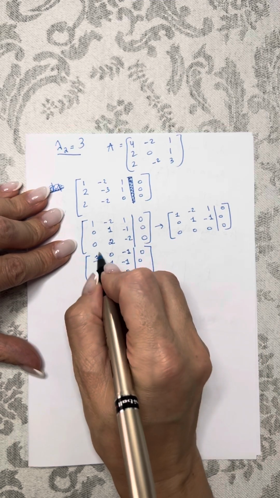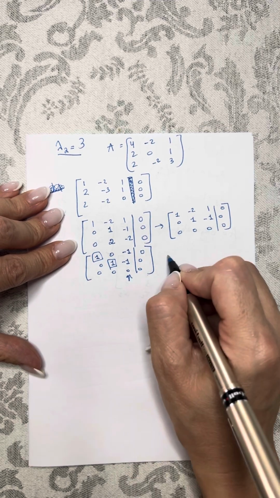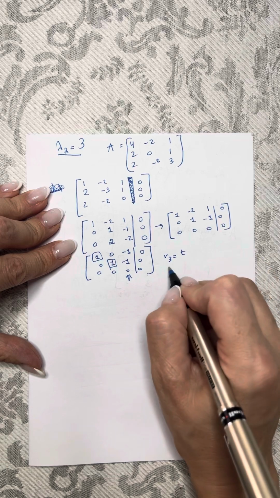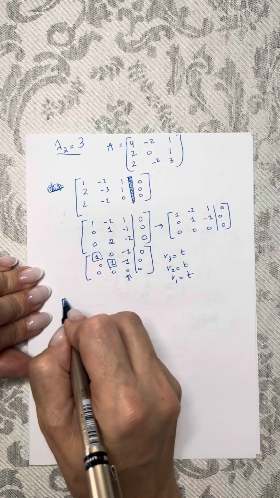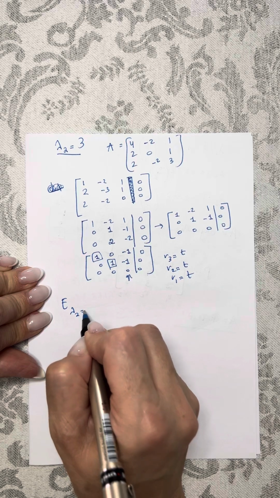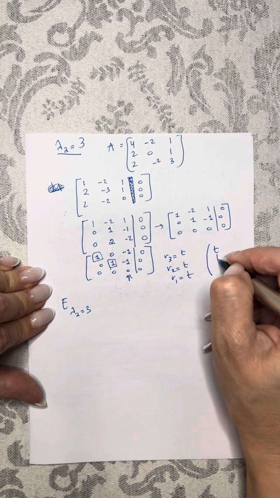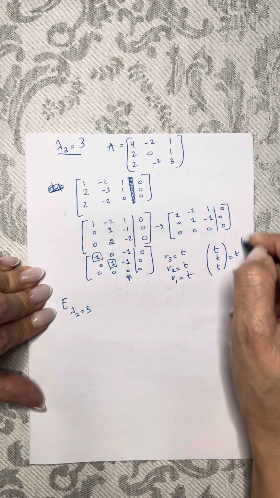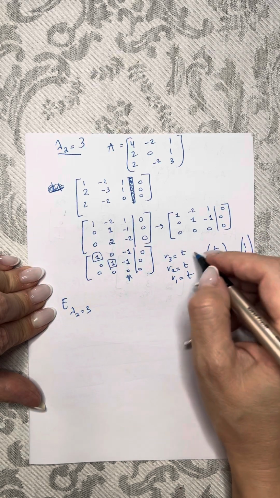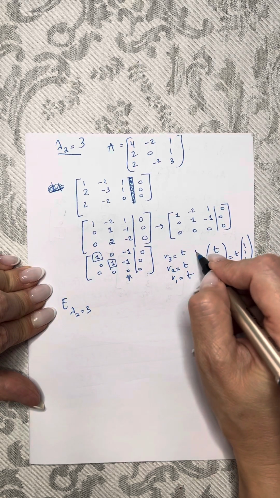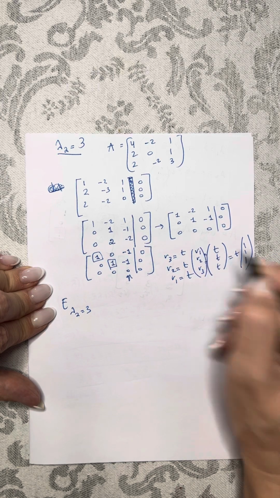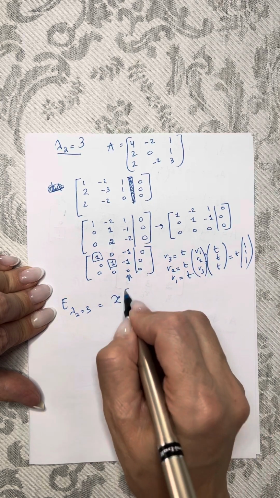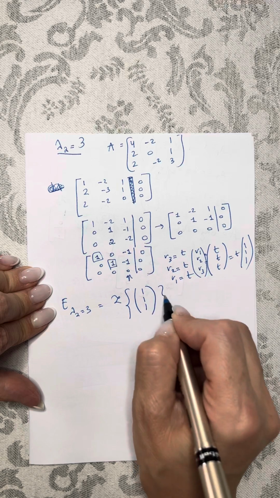Which means that those are leading ones. This is a free variable. This means our eigenspace corresponding to lambda 2 equals 3 is the span of 1, 1, 1.